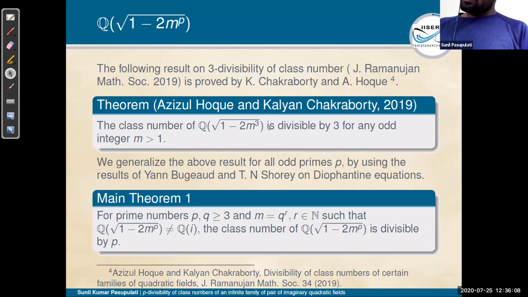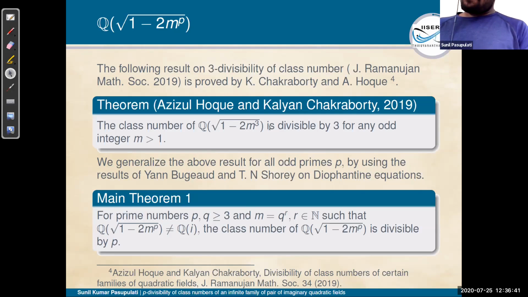Recently, Azizul and Kalyan Chakraborty proved that the class number of Q(√(1 - 2m^3)) is divisible by 3 for any odd integer m greater than 3. We generalize this result and prove that whenever m is an odd prime power and p is any odd prime, and Q(√(1 - 2m^p)) is not equal to Q(i), then the class number of Q(√(1 - 2m^p)) is divisible by p.